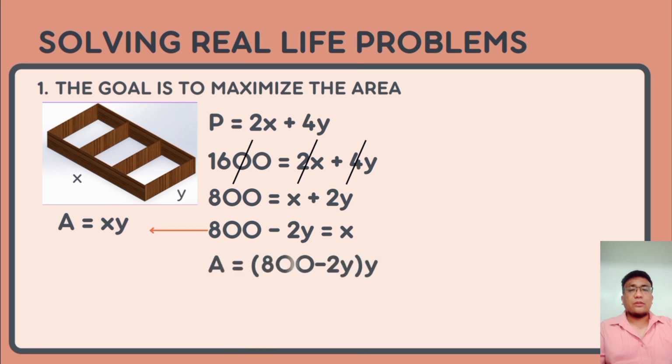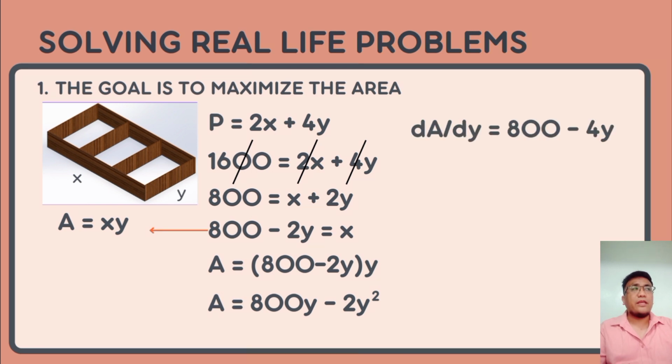So area is equal to 800y minus 2y squared. So from that, we have two variables in one equation. We can use differentiation. So let's get the rate of change, which is dA over dy equals 800 minus 4y.